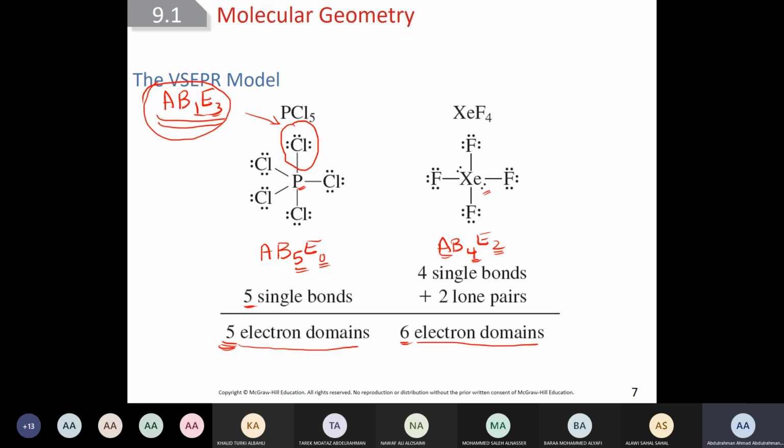All right, total electron domain. Now, after that, I'm going to talk about the shape of the electron domain. The shape of the electron domain depends on this number.